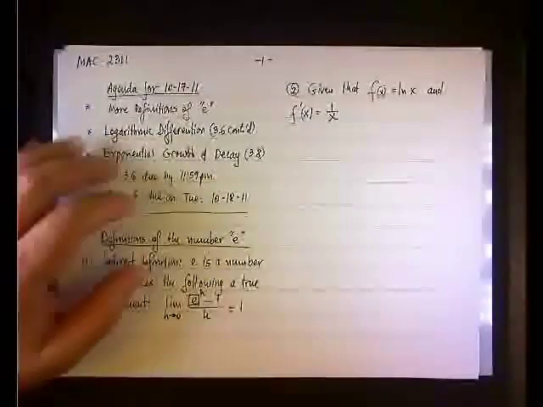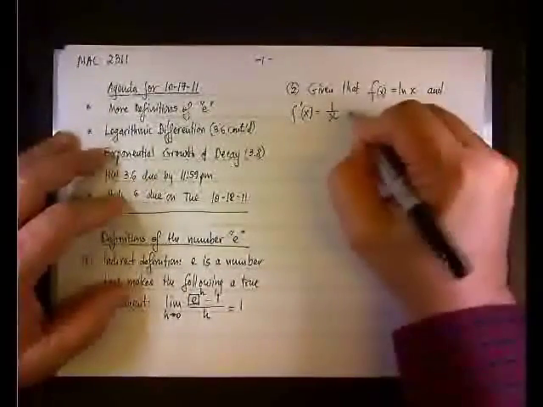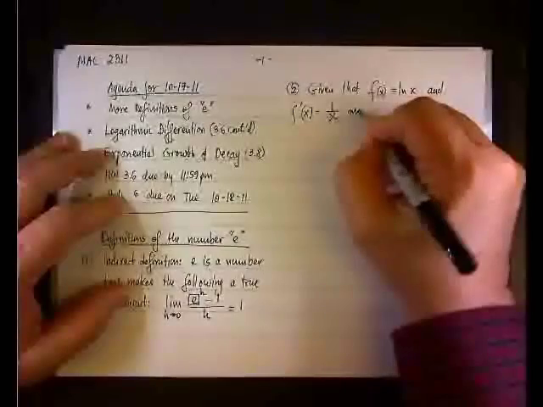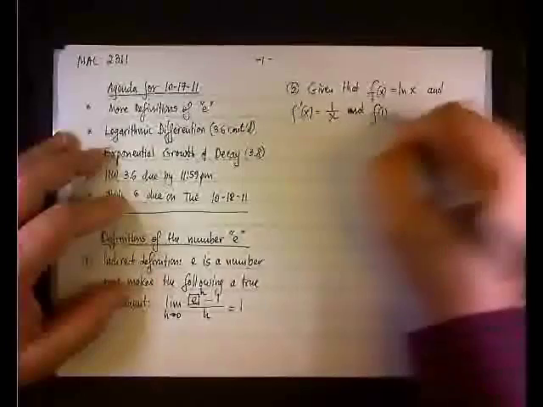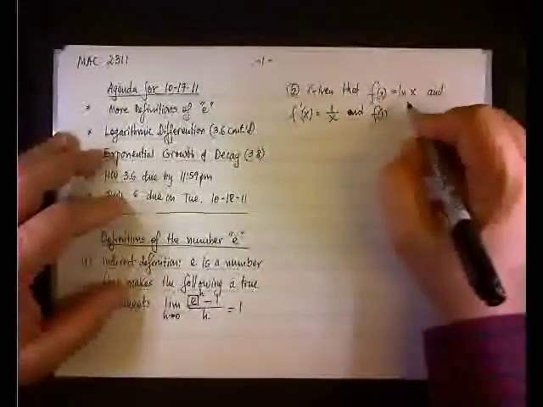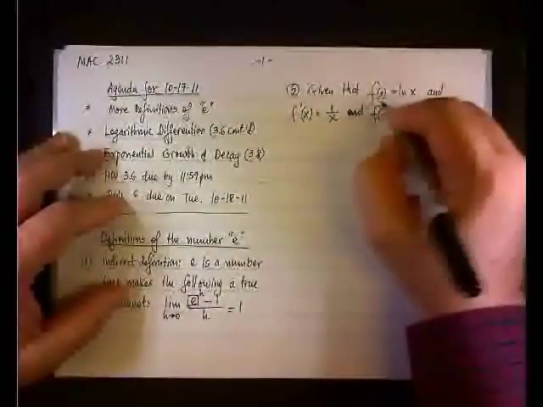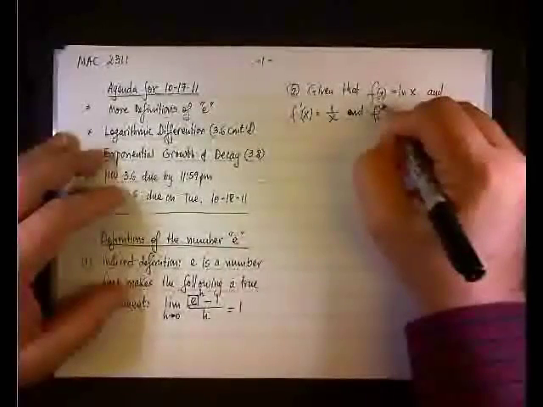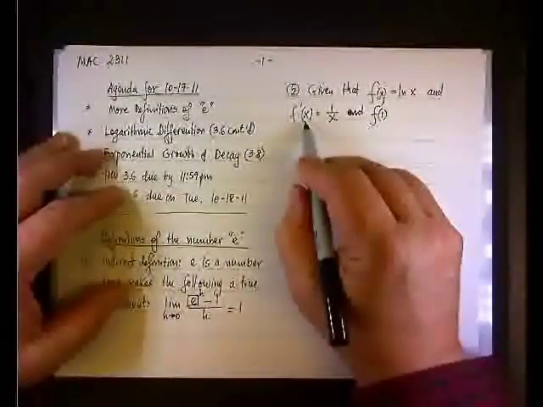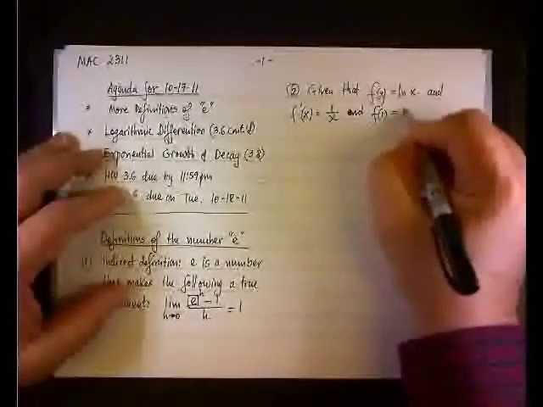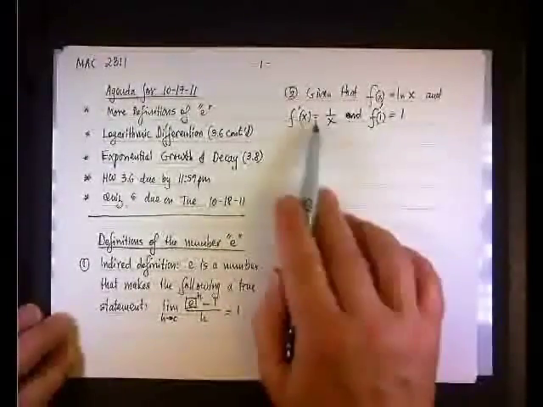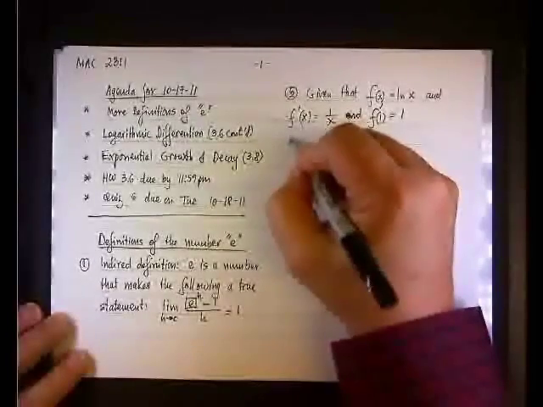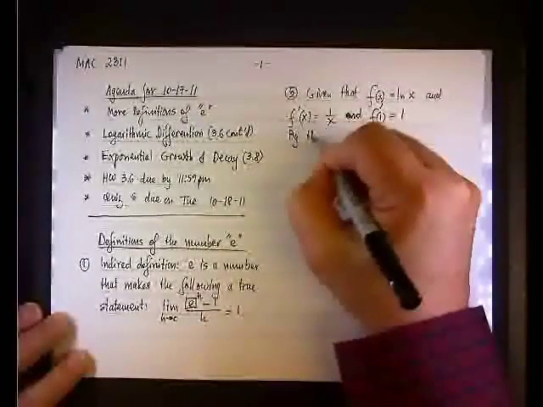And another thing that we know, and this is not from calculus, I'm sorry, we looked at f prime of 1. F prime of 1 will be simply 1 over 1, so it equals 1. Okay? So we use this information. So this is given.